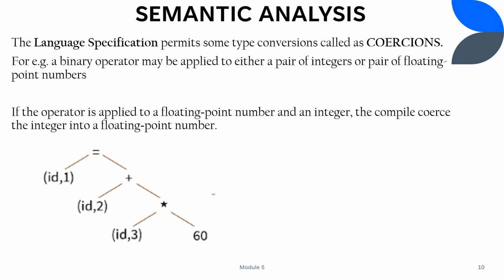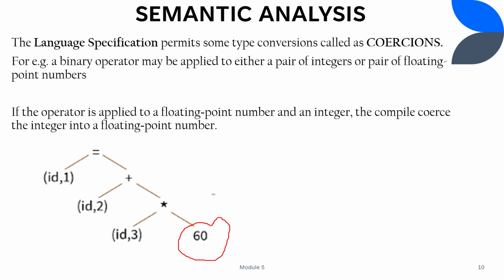So in this example, that is position is equal to initial plus rate into 60, that we started with when we saw our lexical analyzer step, it is considered that position, initial and rate all are of floating type. And 60 in this example is not of floating type. Hence, the semantic analyzer will automatically typecast 60 to float, and this modification is saved in the syntax tree.